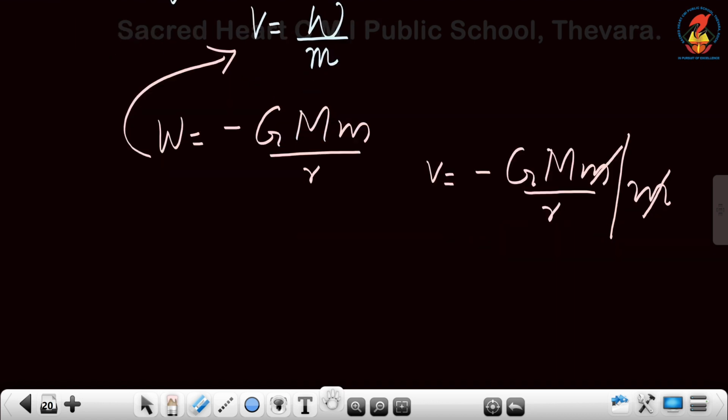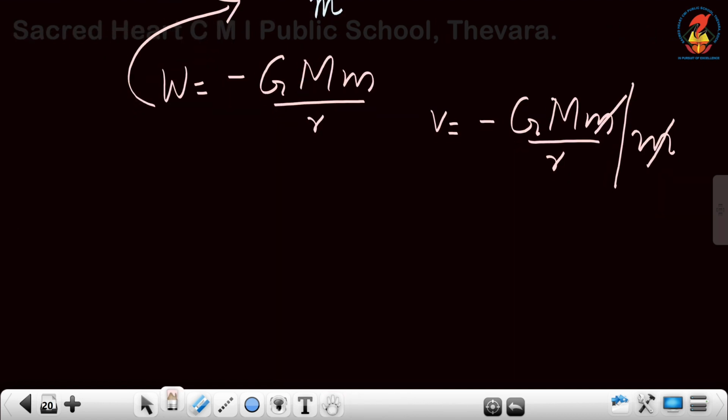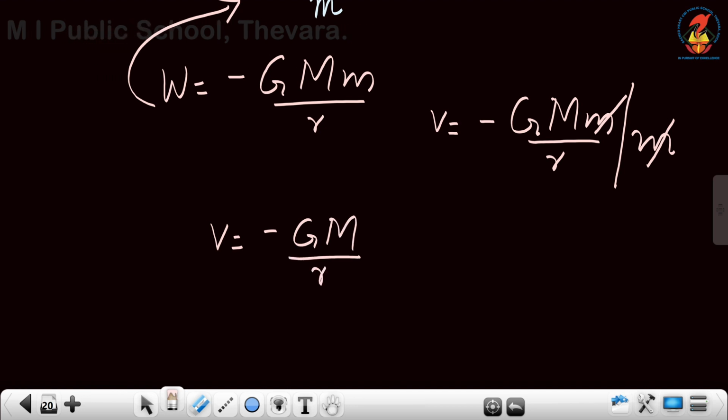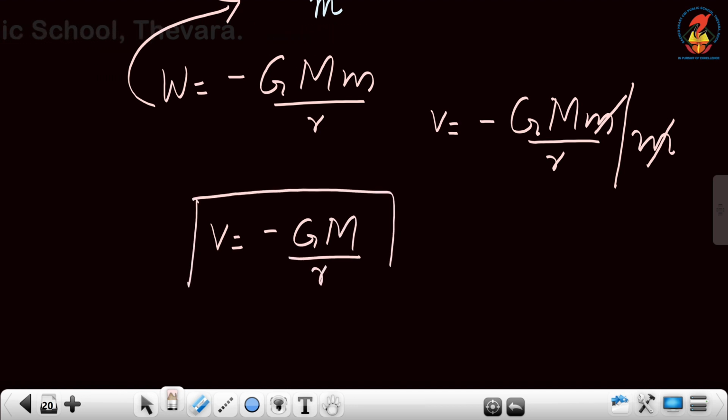So, we get V is equal to minus G capital M by small r. This is the equation to find the gravitational potential.